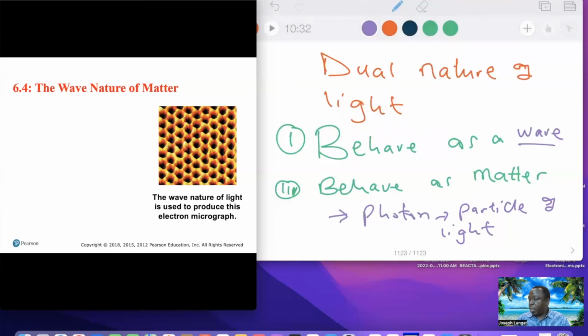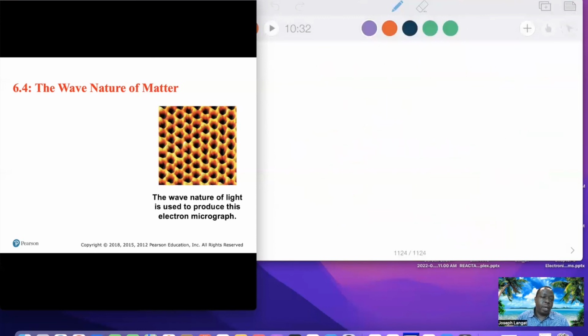Now, somebody else came along, and that's the subject of section 6.4.